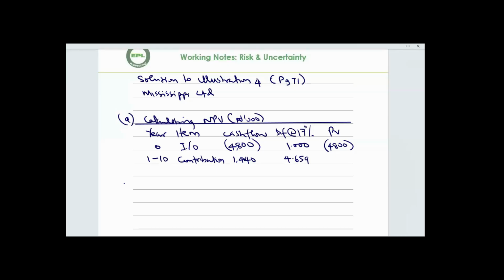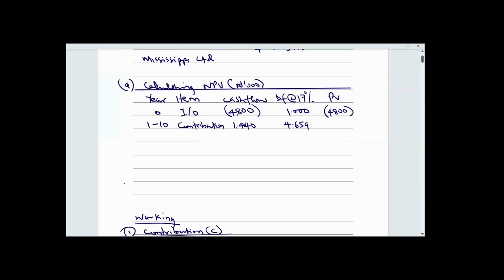Again, the production cost, 360,000, is from year 1 to 10, the annual production cost. It's a cash outflow, so it must be in brackets. Then 4.659. There is no scrap value. The examiner told you that the scrap value is negligible.